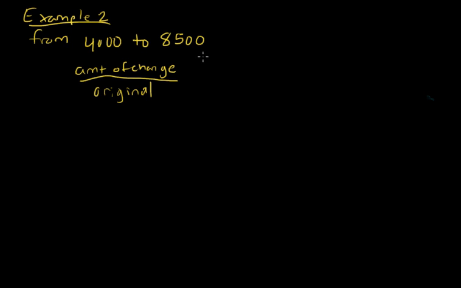So, how much did it change by? Well, what is 8,500 minus 4,000? Okay, well, that's 4,500. And it started at 4,000, went from 4,000 to 8,500. So the amount of change is 4,500. We're going to divide it by 4,000.